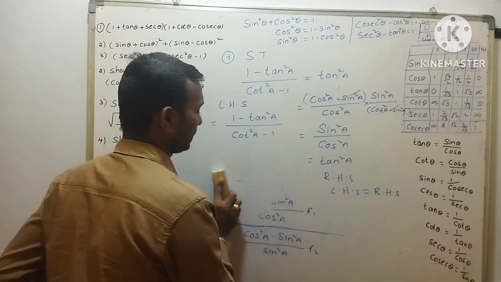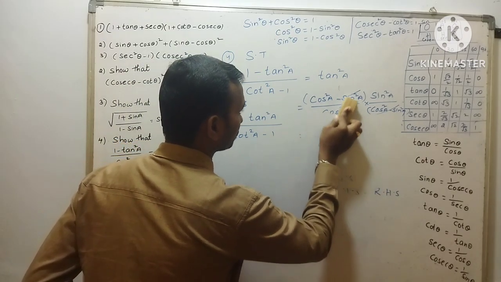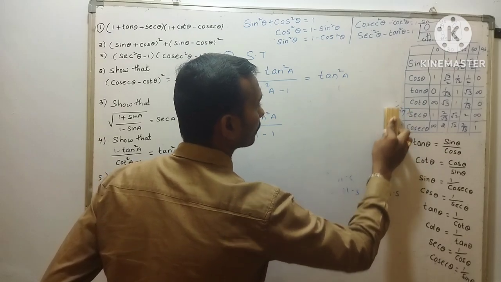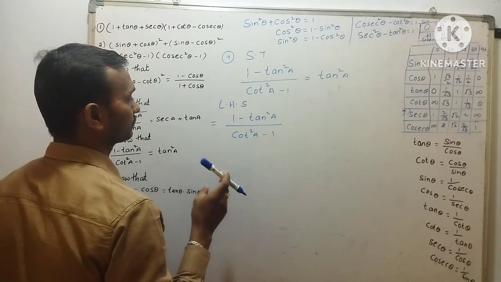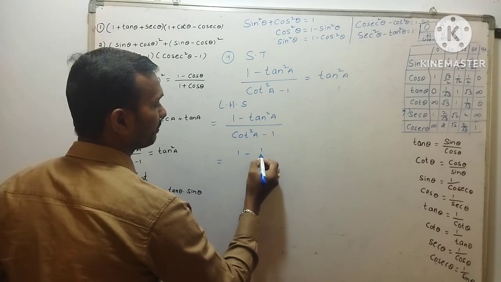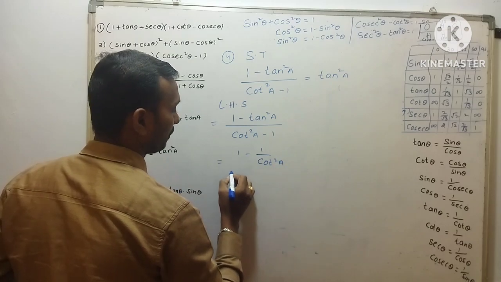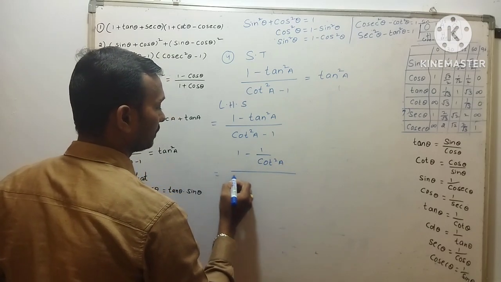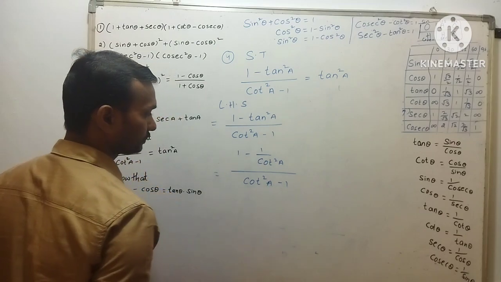So another way also we can solve this problem. Just we will see that method also. See here, 1 minus tan is nothing but 1 by cot, right? So cot square A by cot square A minus 1.